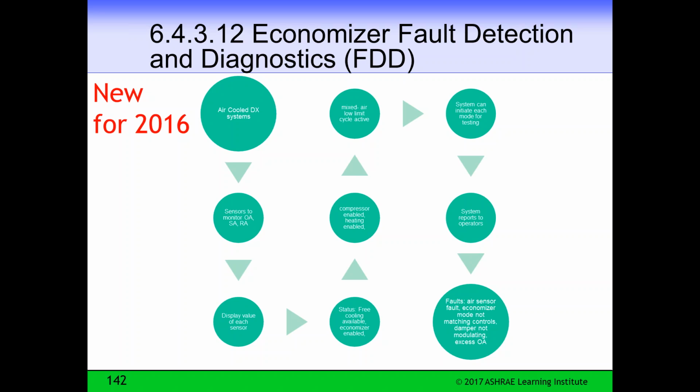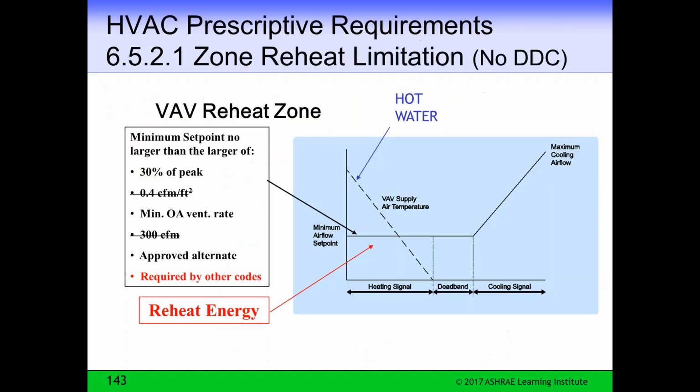System can initiate each mode for testing. System reports to the operators, and then it reports the faults: an air sensor fault, economizer mode not matching controls, damper not modulating, excess outside air. So in this way, we can make sure that since we've required this economizer to put in, that the economizer is actually operating the way we want to get our savings.